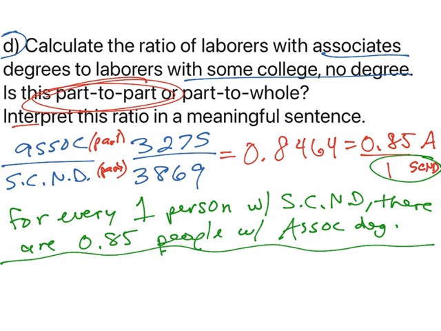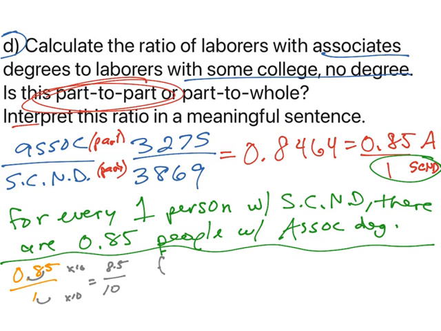So sometimes we would say, well, if I have 0.85 over 1, if I move the decimal over one place in the top and one place in the bottom, it's basically like multiplying the bottom and the top by 10. I get 8.5 out of 10.